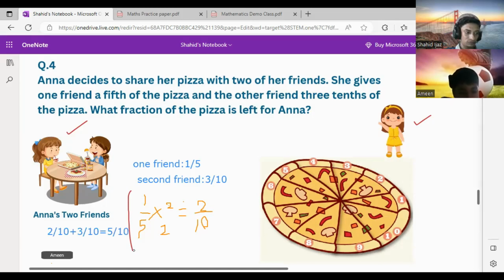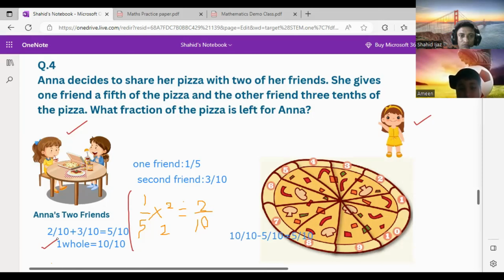So the whole is 10/10. 1 whole equals 10 over 10. You do 10 over 10 minus 5 over 10, which is 5 over 10. So that's how much Anna gets, 5 over 10.